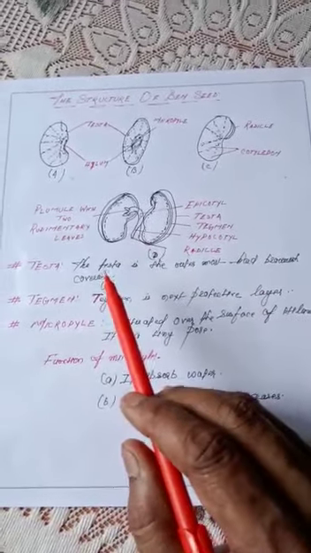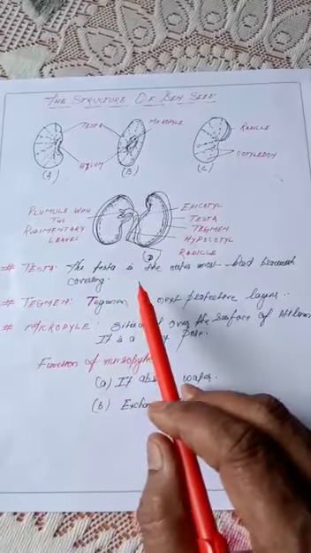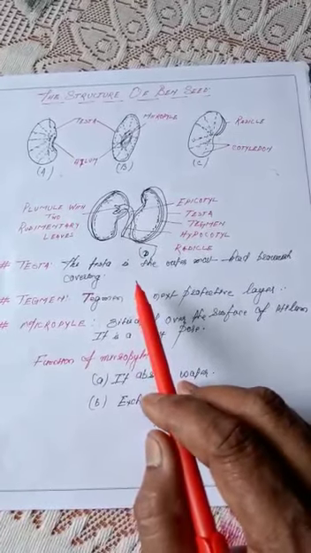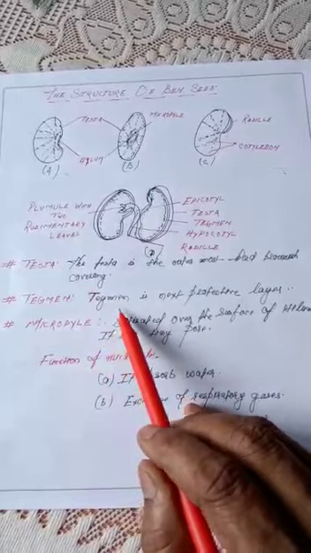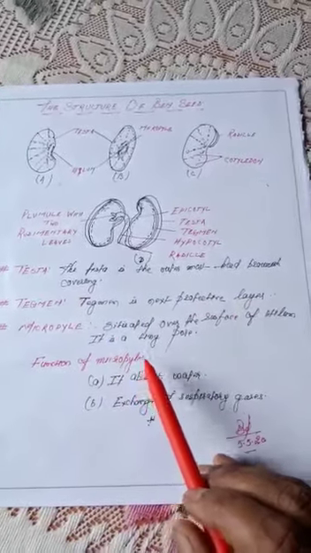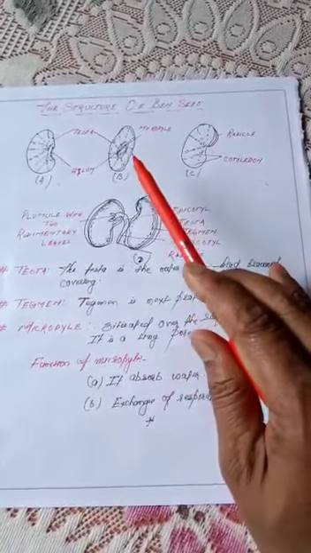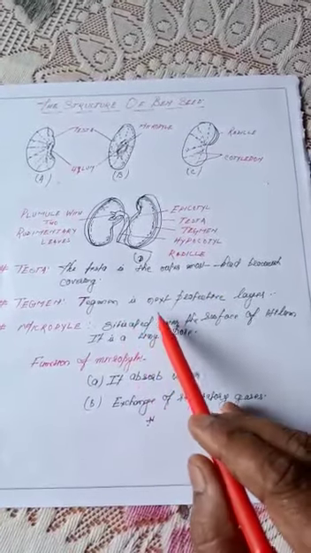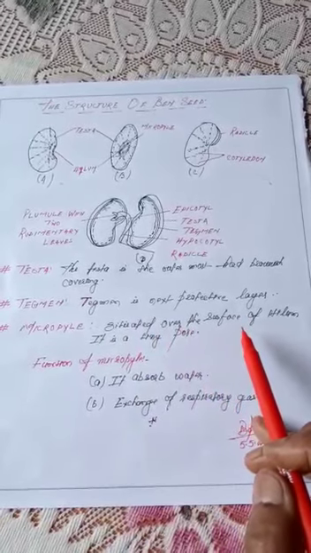If you want to define testa scientifically, the testa is the outermost hard protective covering, and tegmen is the next protective layer. And micropyle you can see in the diagram. This is the micropyle, a tiny pore situated over the surface of the hilum.